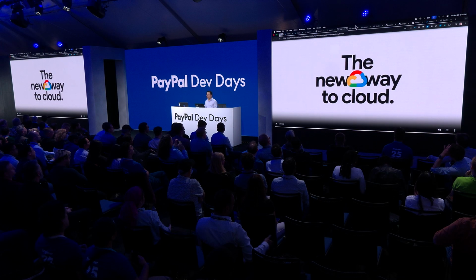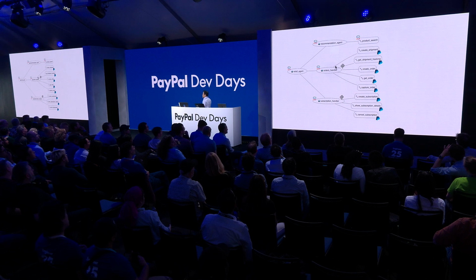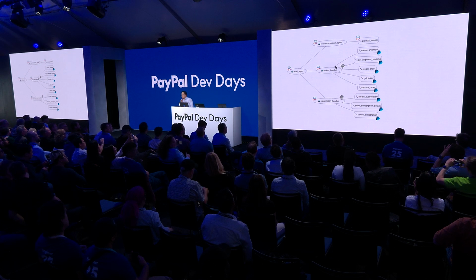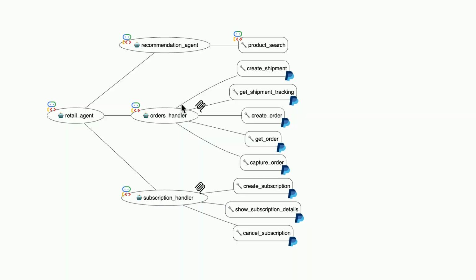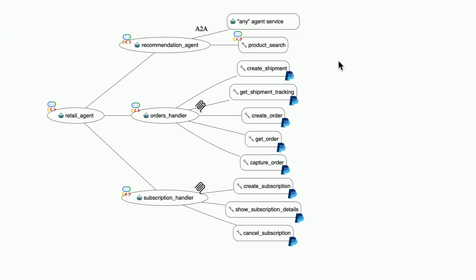All right, thanks for that. Now, let's recap. What did I show you? The multi-agent graph. I'm highlighting where the PayPal MCP tool is. The order handler and subscription handler are talking to it through MCP. Now, the next one, like the video alluded to, is that there will be fleets of agents, like HTTP servers in the first round of the web.